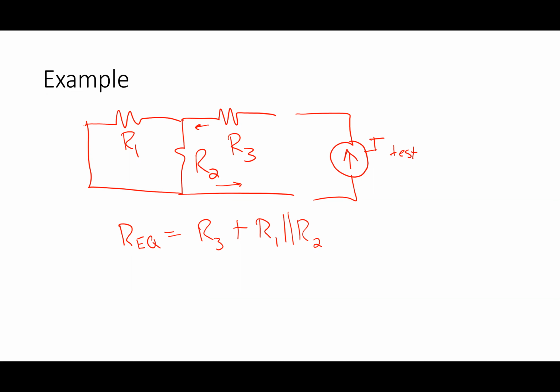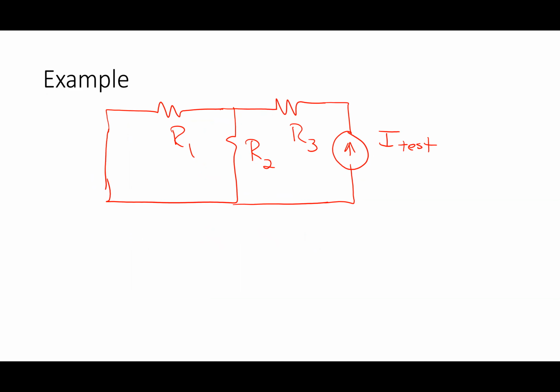Because if I want to figure out the resistance that I see looking into this network, which I call REQ, I apply a known current and I try to figure out the voltage, right? And I know when looking at this picture, if I know V test and I know I test, R test has to be equal to V test divided by I test. Like that. All right. That allows me to figure out how this works.